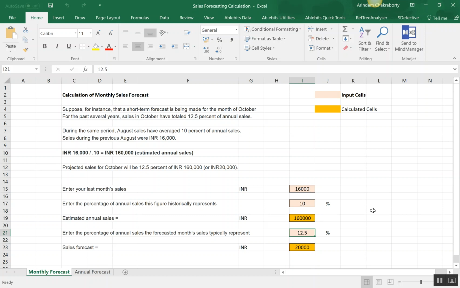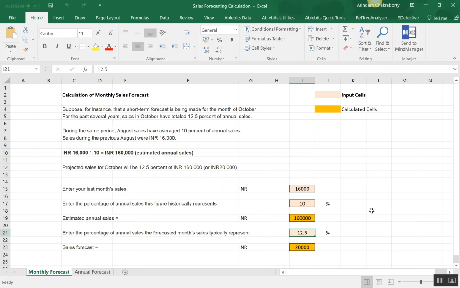So this is, I should say, a very quick method of understanding what sales may happen in the coming months. Obviously you should have a trend pattern from the past years, and only then can you take the help of that to undertake this calculation. Now, obviously you cannot be a master of sales forecasting in the very first year.